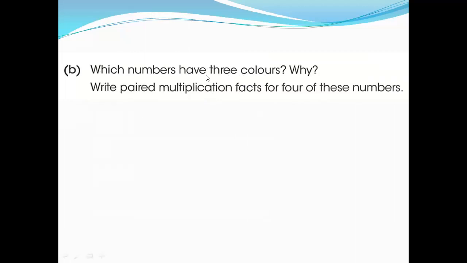Okay, if only two numbers have the same answer, like table of 2, 2 twos are 4 and 4 ones are 4, there is no other table showing us 4 as the answer, so just two colors, that one we mention in question number A. Like this three colors, which numbers have three colors in the tables, you should have tables in front of you.